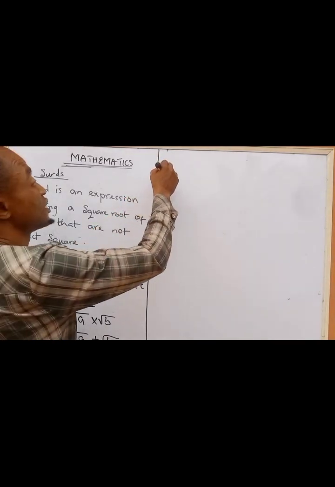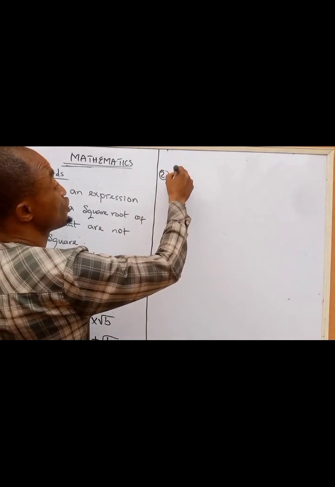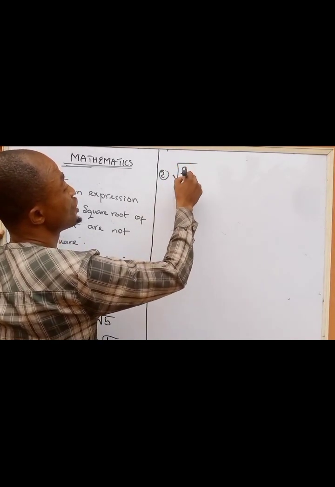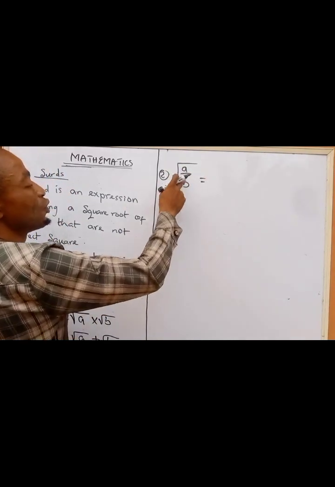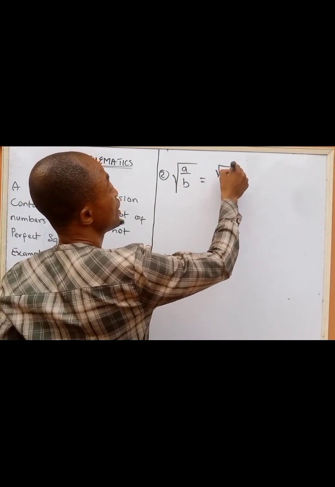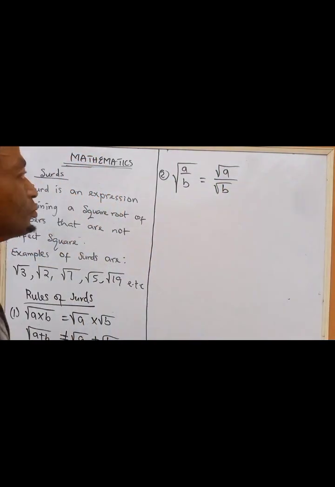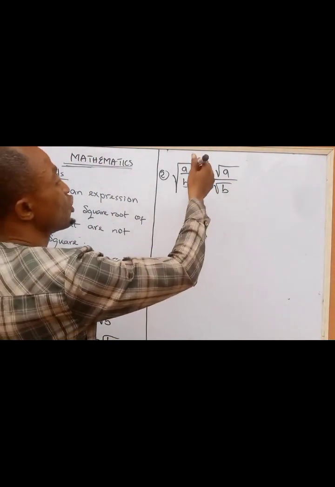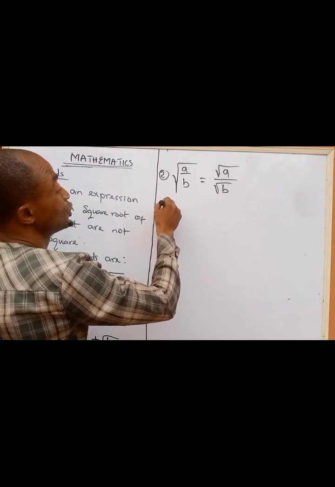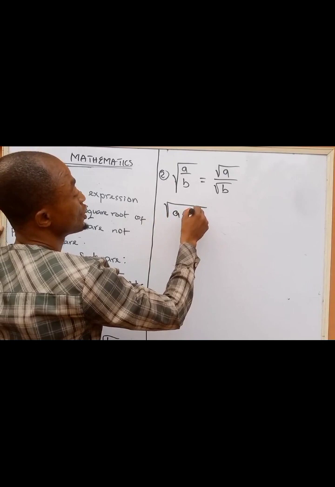Let us look at the second one for division. Let's say we have root of a over b. Root of a over b can be written as root a all over root b. This is correct, so this is allowed in surds. But what if we now have root of a minus b?